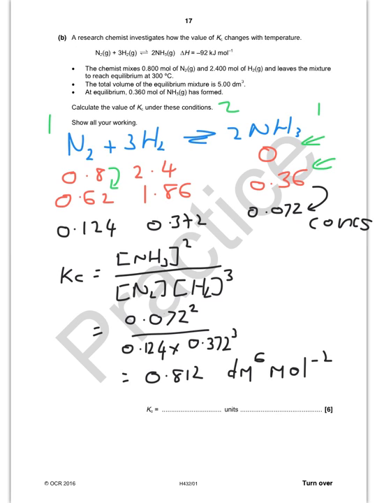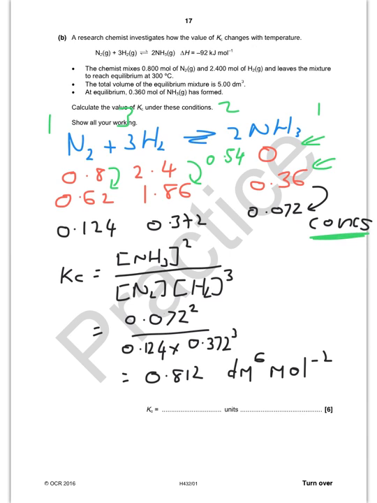So 0.8 minus 0.18 gives me 0.62. And then you times that by 3 and you've lost 0.54 moles of hydrogen because it's a 1 to 3 reaction. So that's the number of moles that you end up with at equilibrium.